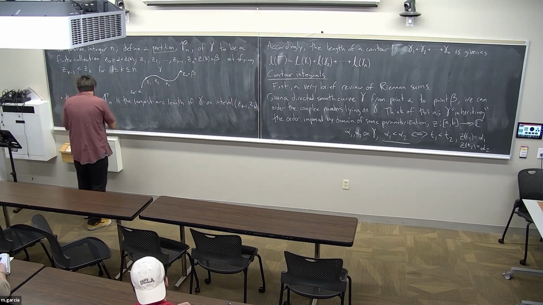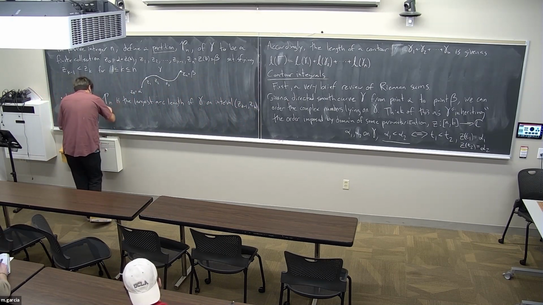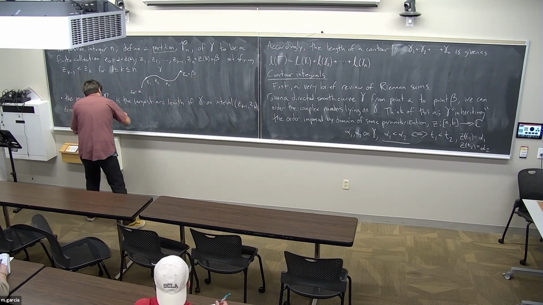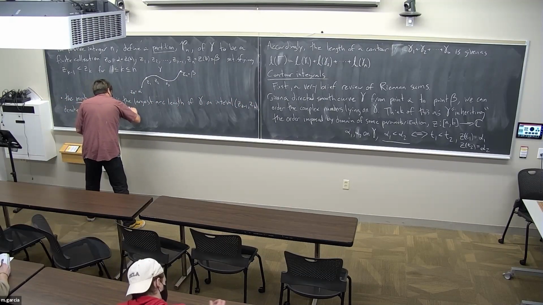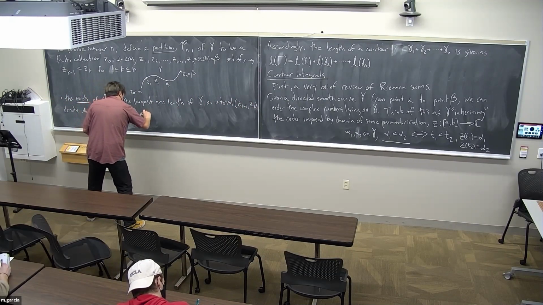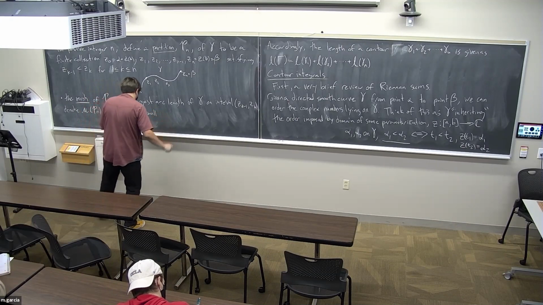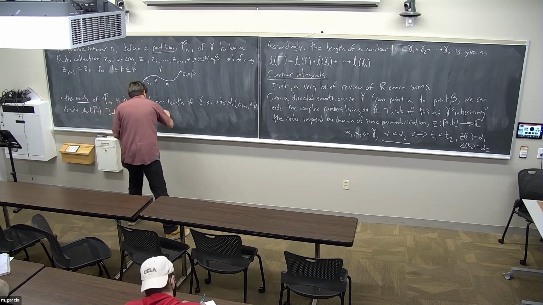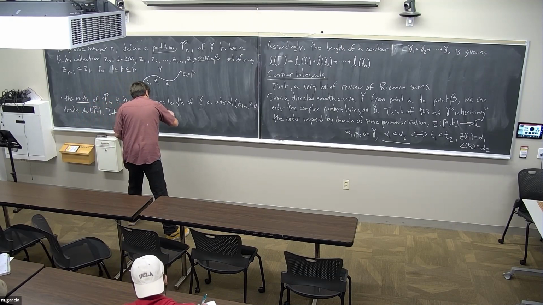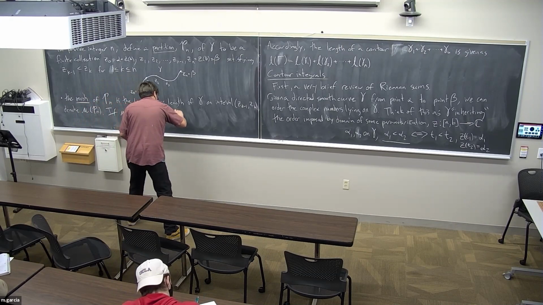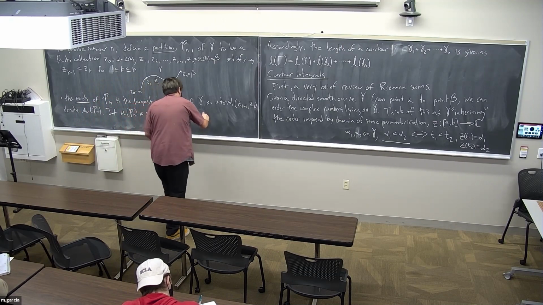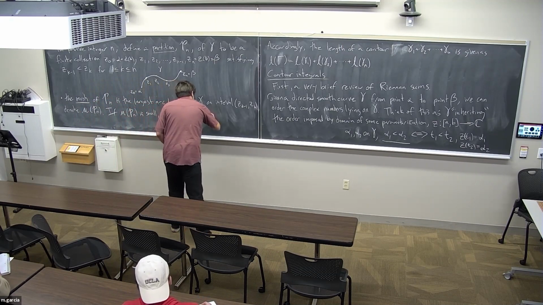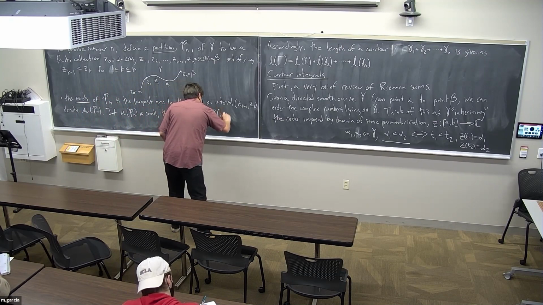So the thing that this is keeping track of is, if mu of P sub n is small, the partition of gamma is finer.